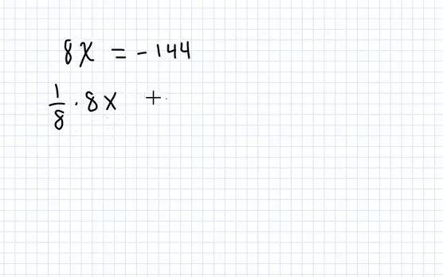Alright, let's look at this one. 8x is equal to negative 144. So once again, I need to get a 1 in front of the x here, and I'm going to do that by multiplying by 1/8 to both sides.